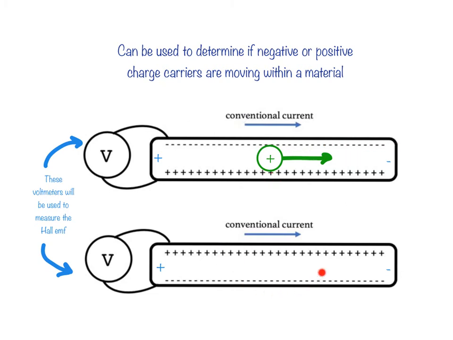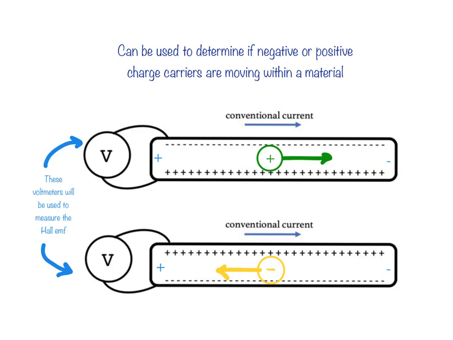Now in this example down here, we still have a conventional current in this direction. In other words, this end over here is still attached to the positive terminal of the battery. But if this appeared to be conventional current but actually had electrons flowing, if I add a negative charge carrier, which we know based on the setup that we have right now, it would be moving to the left because it's attracted to the positive terminal of the battery, if you will.